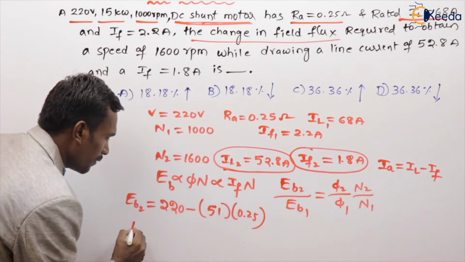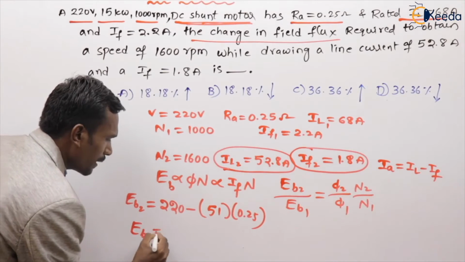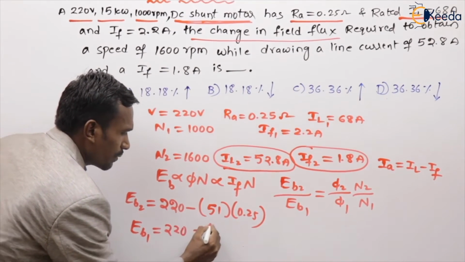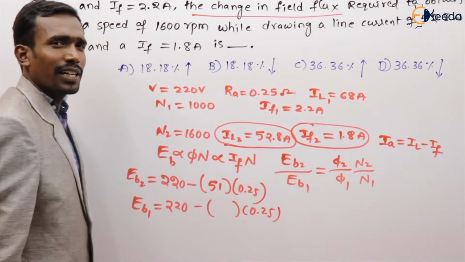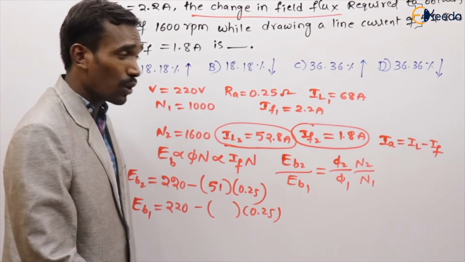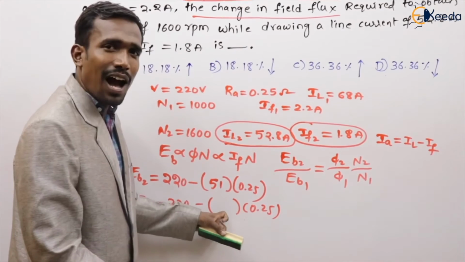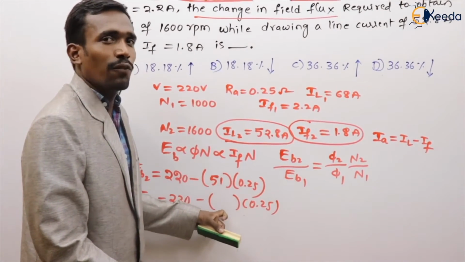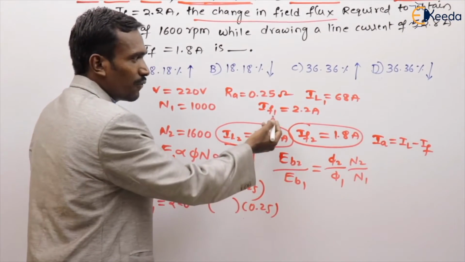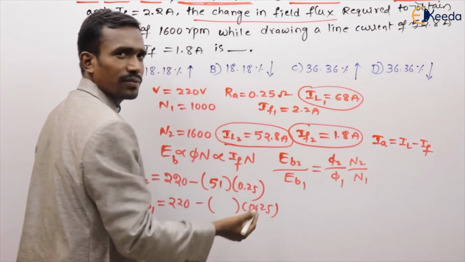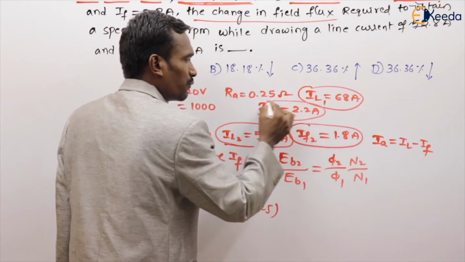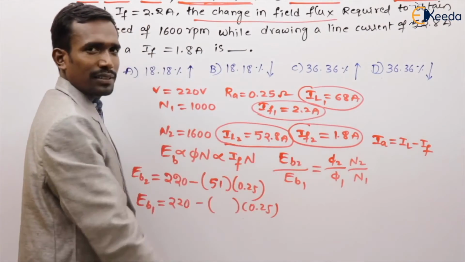Now find EB1, the same way. EB1 is equal to 220 minus IA into RA. Now again we have to calculate IA1. For IA1, let's see here. This is my line current 68 and my field current 2.2 amperes.